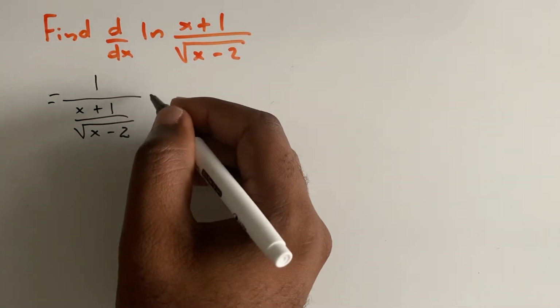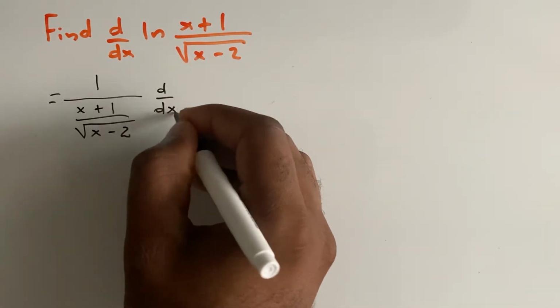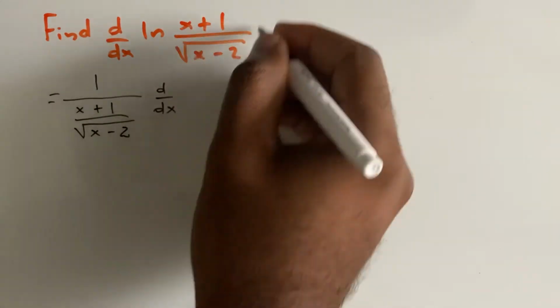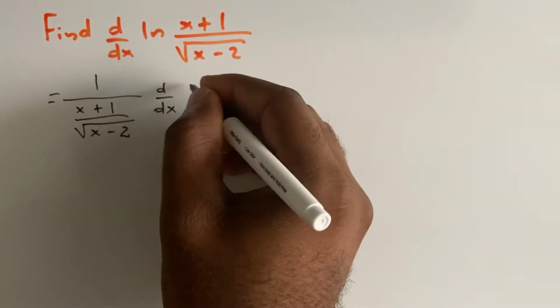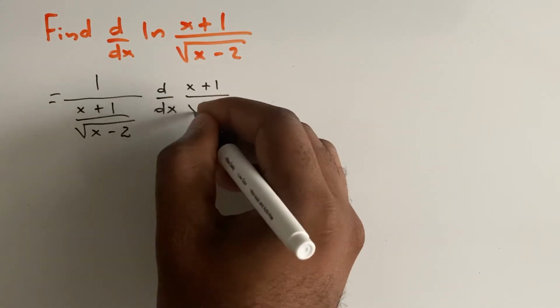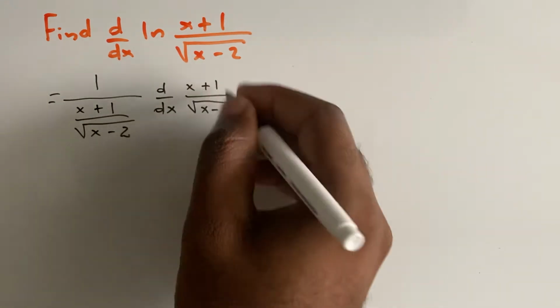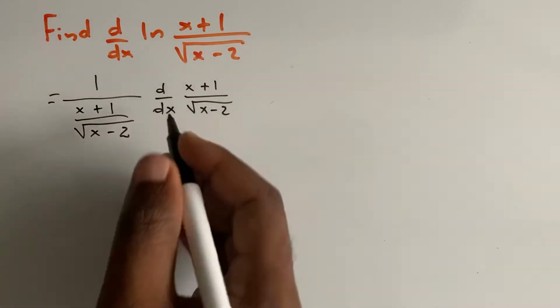Now I need to multiply by the derivative, d over dx of the inner part, which is x plus 1 over square root of x minus 2, a quotient.